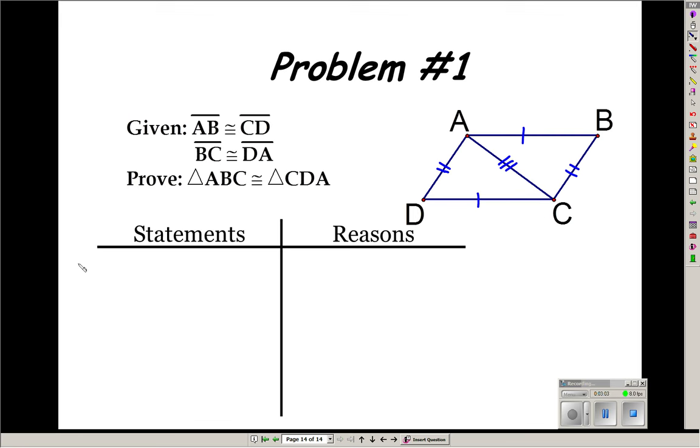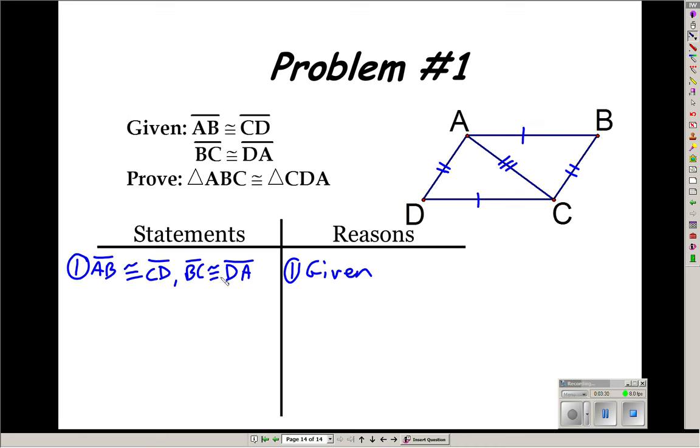Now let's write the proof. You should always start with what you're given. And we're given that segment AB is congruent to segment CD, and segment BC is congruent to segment DA. And the reason we know that's true is because they told us. We were given that information.